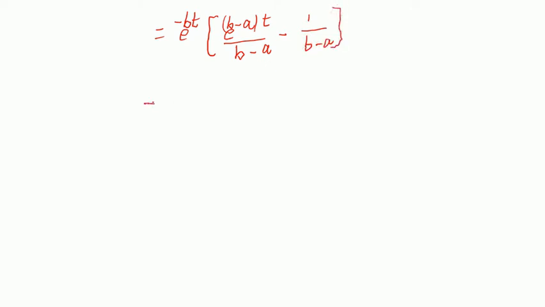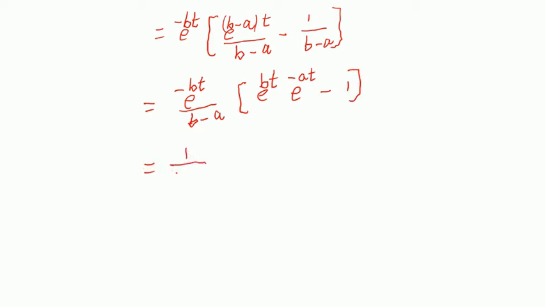So this is equal to e power minus bt. What is the common here? 1 by b minus a is common. So b minus a into, I can write this one as e power bt into e power minus at minus 1. So this is equal to 1 by b minus a multiplied by e power minus bt.